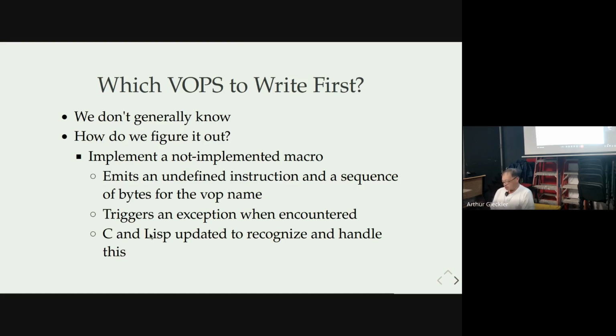And what that does is, basically, when we get that undefined instruction, it prints out the name of the VOP, so we can see that, okay, first bit of code that's run has the VOP name this. So we go and implement that, and then just keep going and going and going as it goes. And debug the VOP if you make a mistake, as we quite often did.